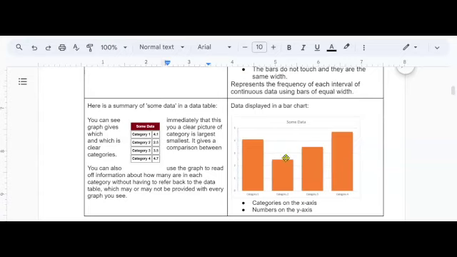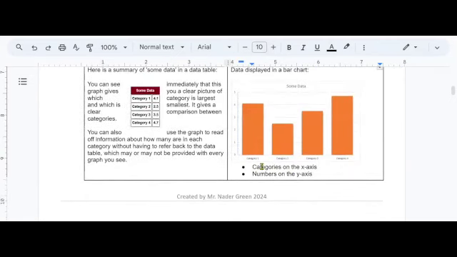So on the right side here, you can see the graph, and you can decide which one is the highest, which one is the lowest. And as we decided, the categories will be on the x-axis, and the number will be on the y-axis, as always.